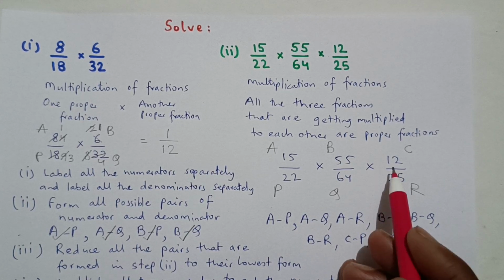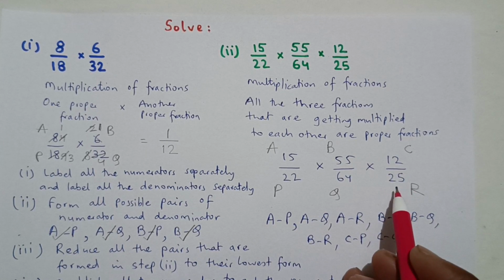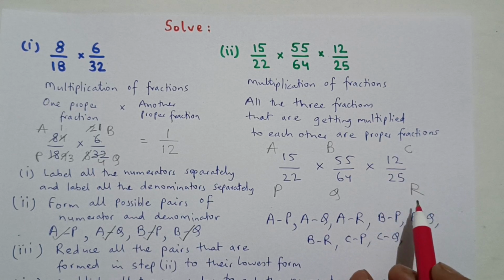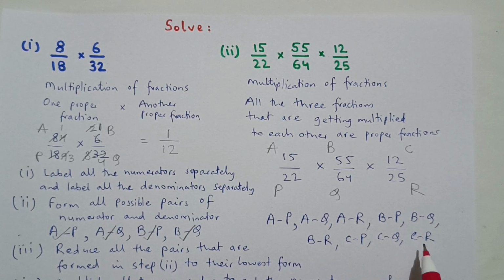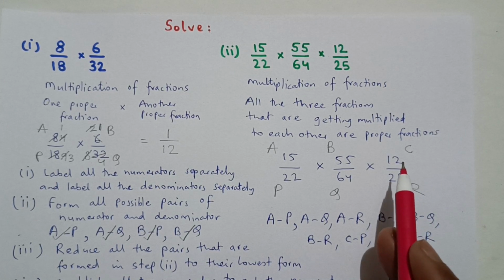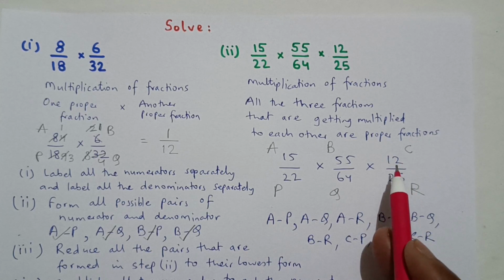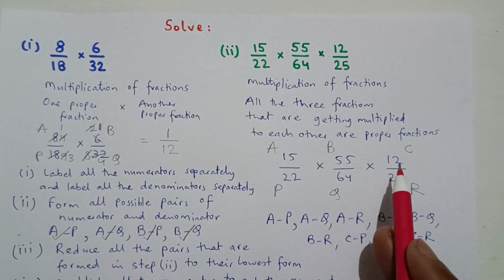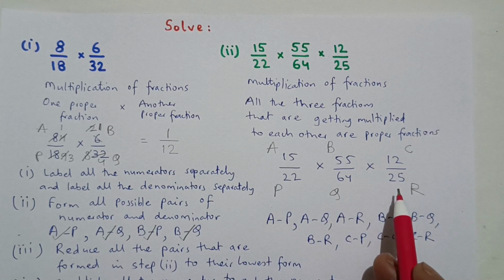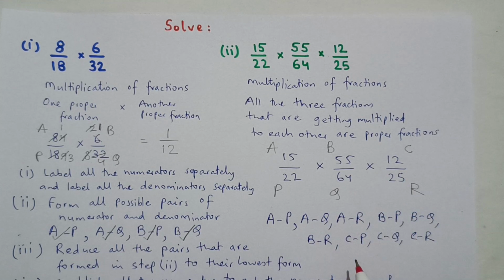And then 12 by 25, this is another pair, so CR. So these three are pairs with the numerator 12. And these are all the possible pairs of numerator and denominator for question number 2.